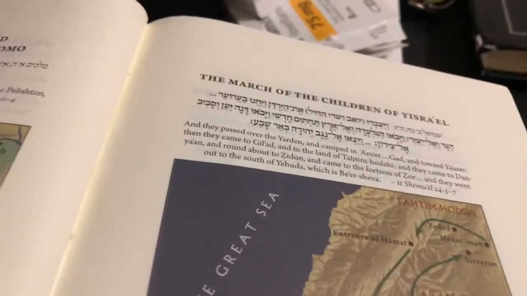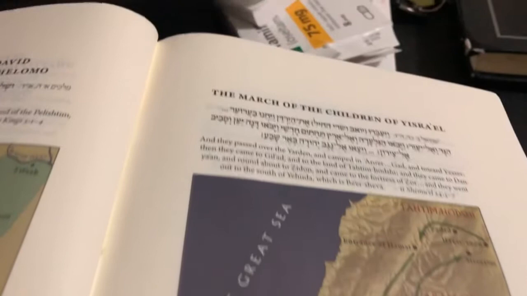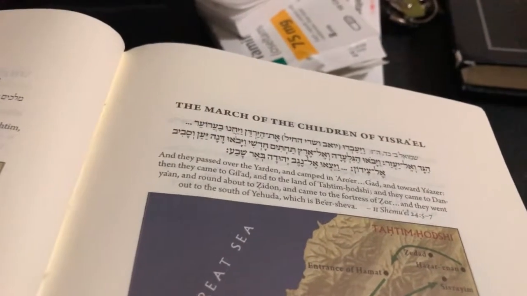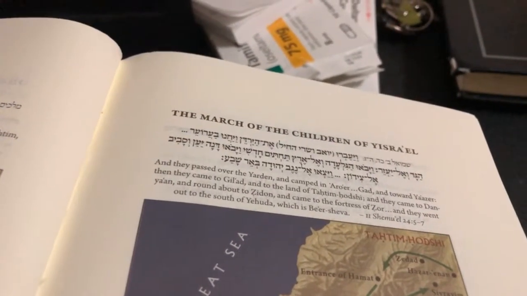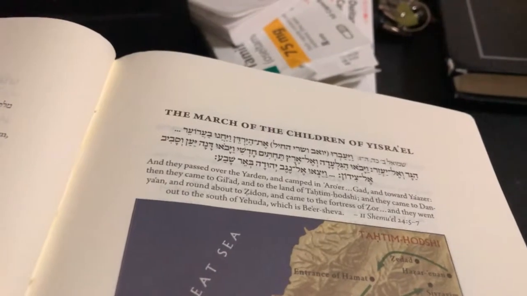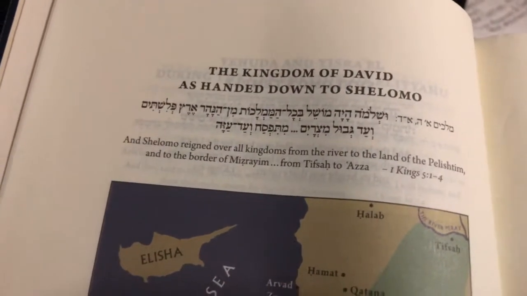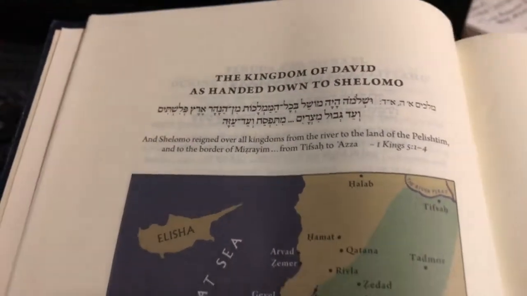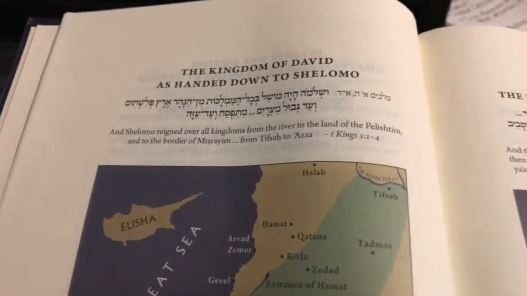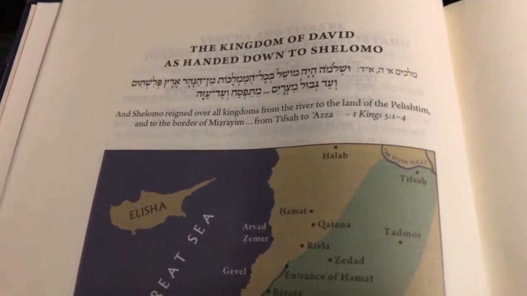The march of the children of Yasharal. Okay, this is dealing with 2 Samuel, chapter 24, verses 5 through 7. Right? The kingdom of David as handed down to Shalawam, right?